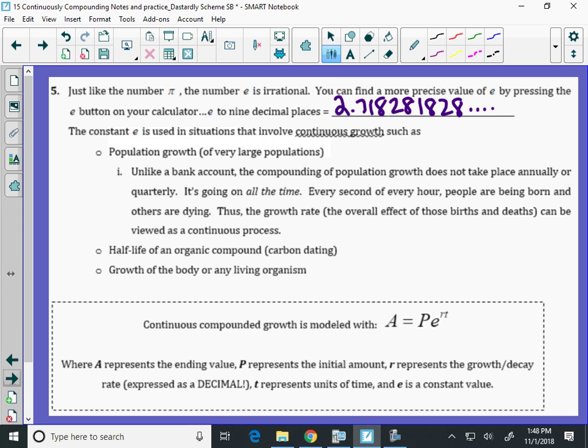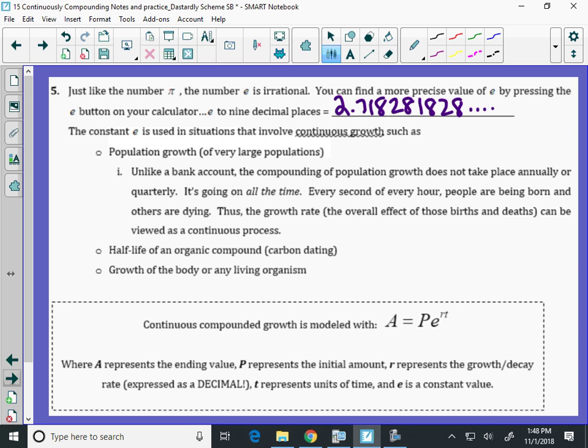Now, yes, it looks like there's a pattern, 1828. However, since it's irrational, I don't know where, but that pattern must end eventually, because otherwise it would be a repeating decimal, like 0.3 repeating, and we could write it as a fraction. So somewhere that pattern stops, and there's another number thrown in. But for now, that's 9 decimal places. So e is that value.